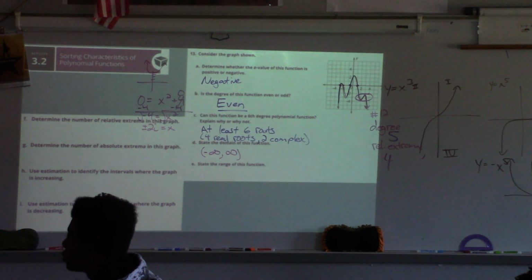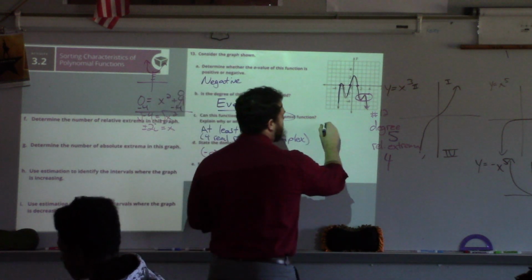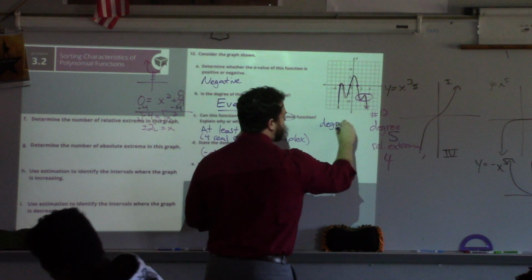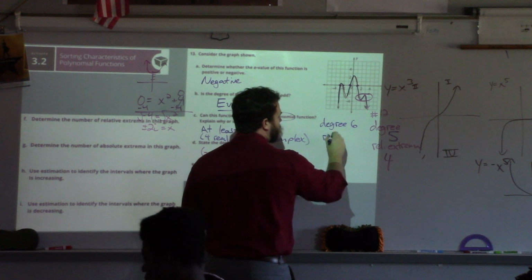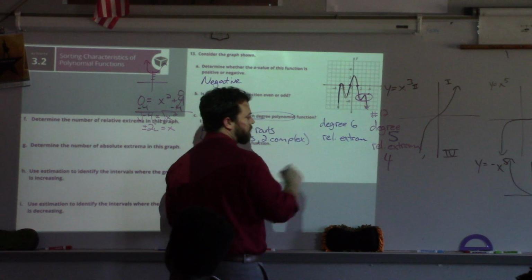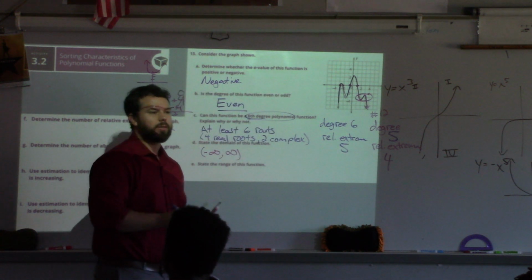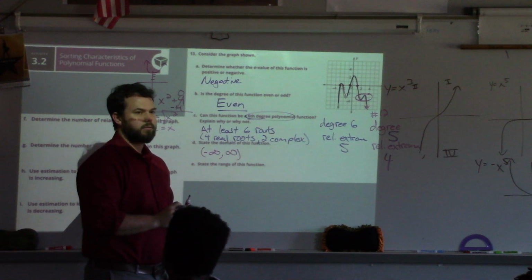Alright. So I want you to notice here with the 6th degree polynomial. So now we have a degree of 6. And how many relative extrema do we have? What do you think the connection is between the relative extrema and the degree? One less.